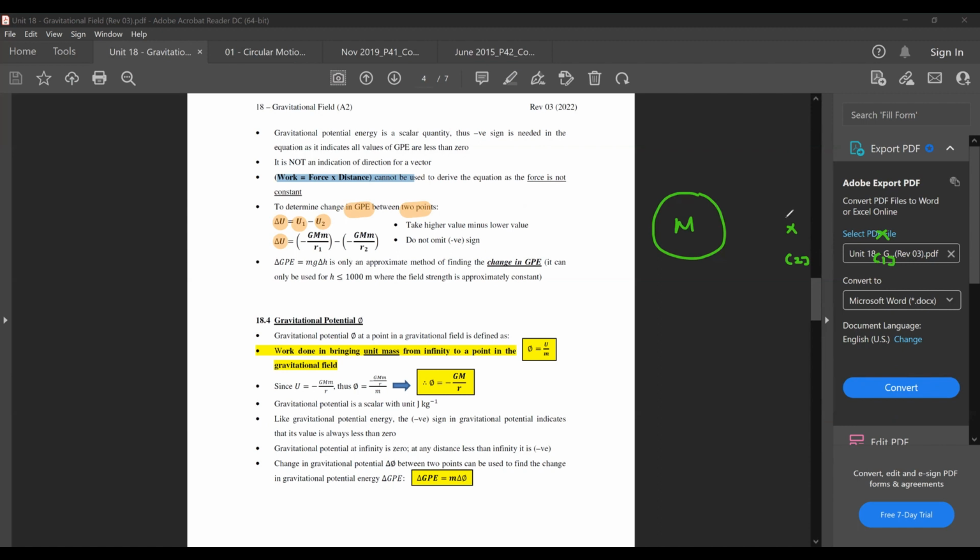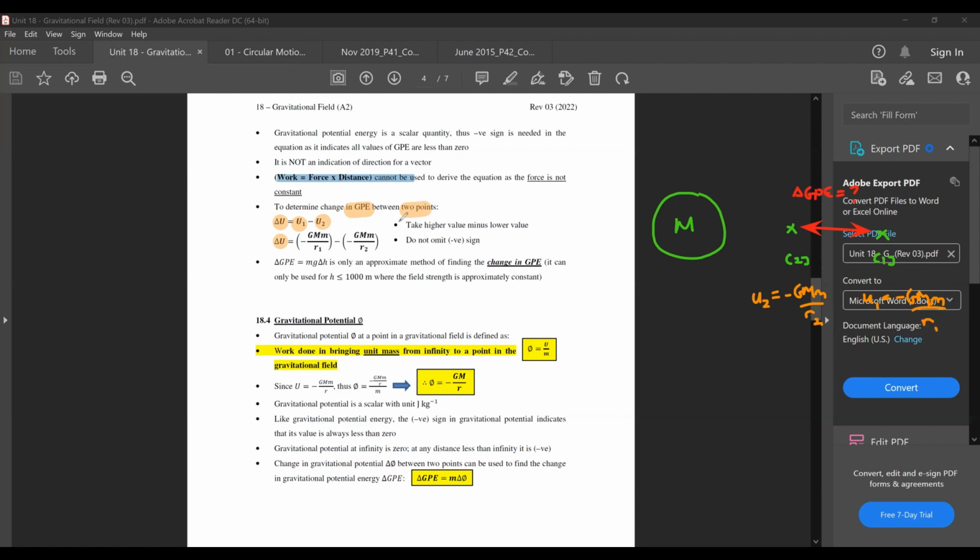I'm interested in the change in GPE between these 2 points. At point 2, the GPE value is negative GMm over R2. At point 1, the GPE is negative GMm over R1.